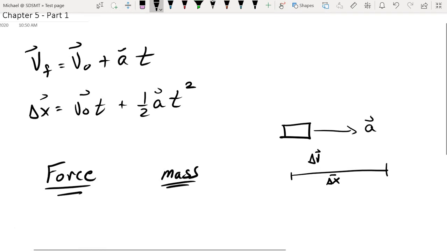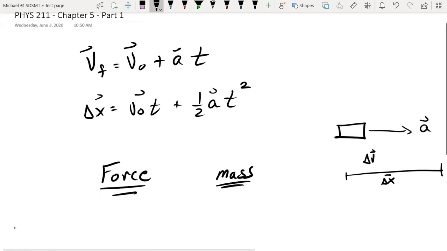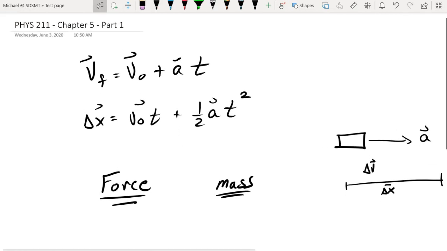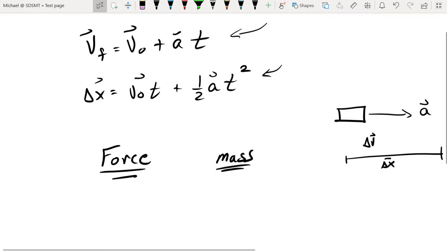You'll notice with all the previous work that we've done, whether it was a car or a planet or even just a small particle, the only thing that we've done is we've looked at these terms of velocity, displacement, acceleration, etc. But we've not yet addressed the fact that a car is much larger than a particle, and a planet is going to be much larger than a car.